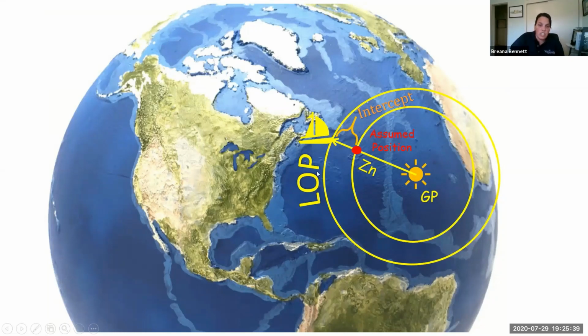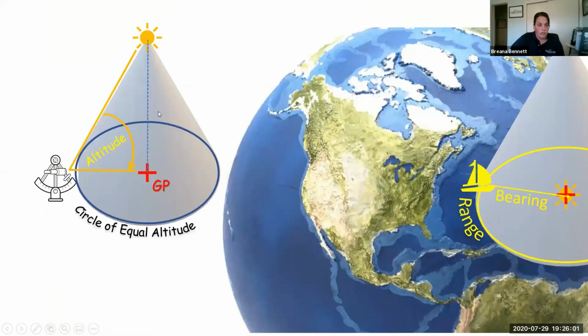And it's so big that we draw it as a straight line that is perpendicular to our ZN line. So that's why we do that perpendicular, because our actual line of position is a circle, or it's the circle of equal altitude, that if the sun is such and such altitude, you are somewhere around it as a circle of equal altitude.